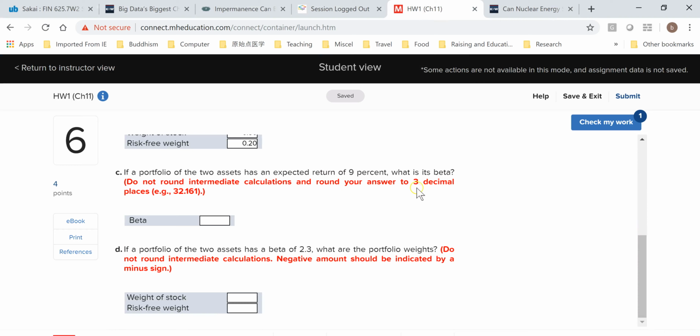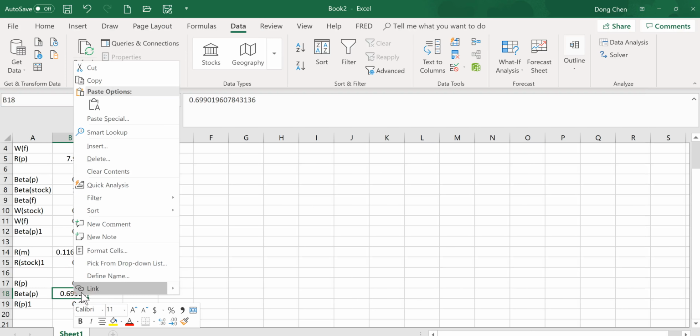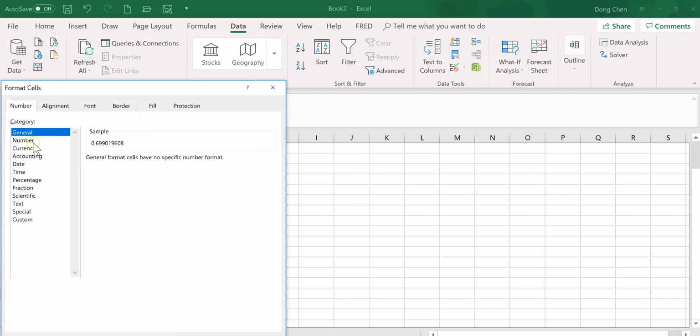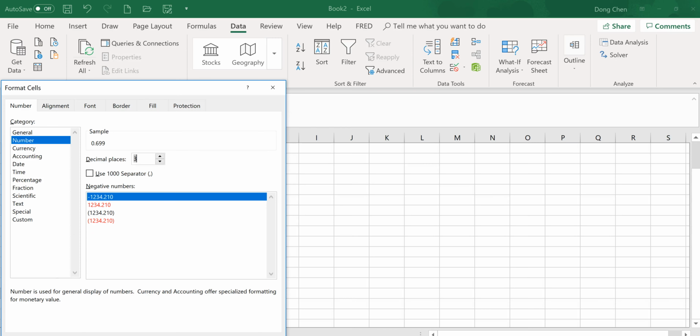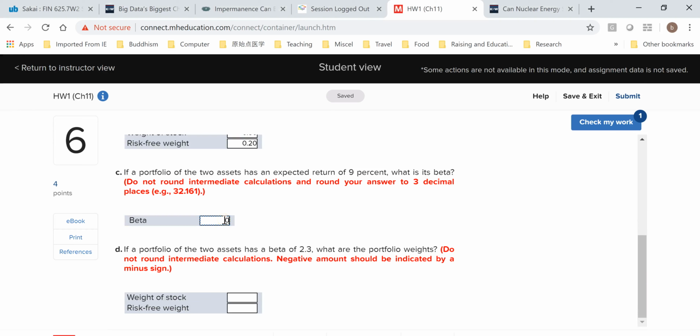Round your answer to 3 decimal places. So I have to change this to 3 decimal places. It's 0.699.